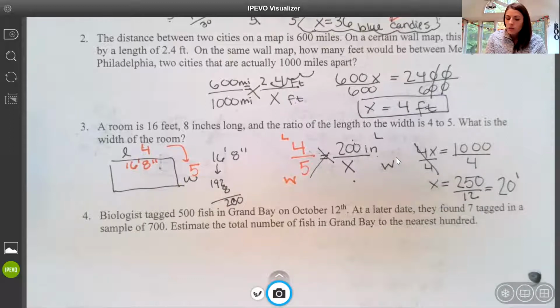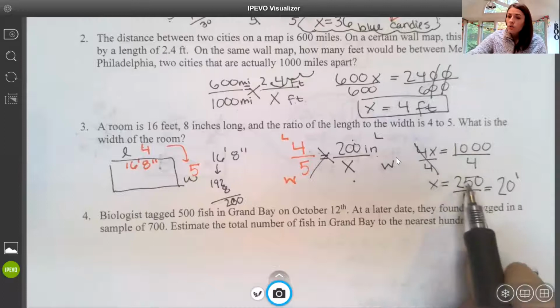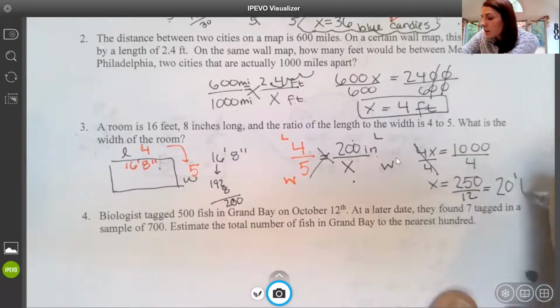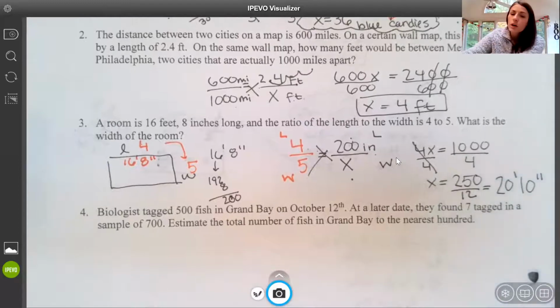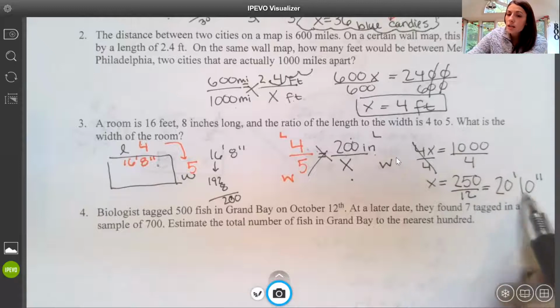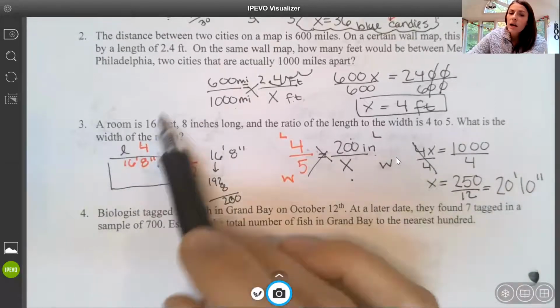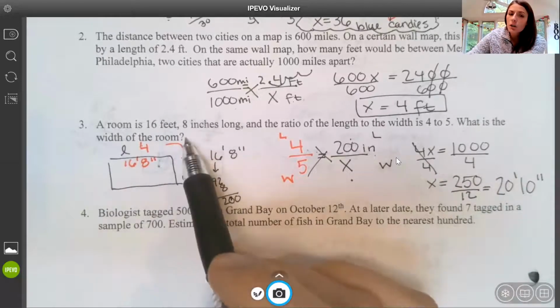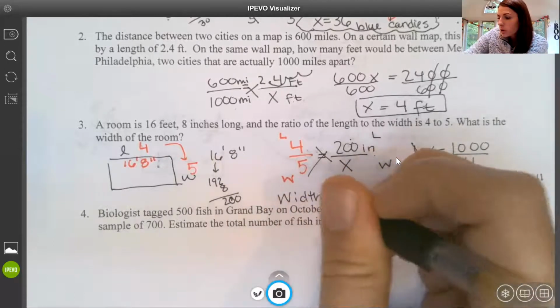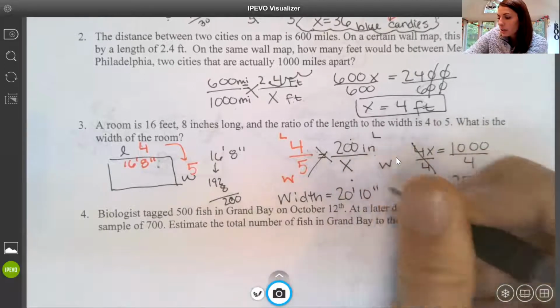So 20 feet is 240 inches. I have 250 inches around the width of my room, so that leaves me with 10 inches. So 250 inches is 20 feet, 10 inches. So I'm just converting it back so my units match what I started with here. And my width of my room would be 20 feet, 10 inches.